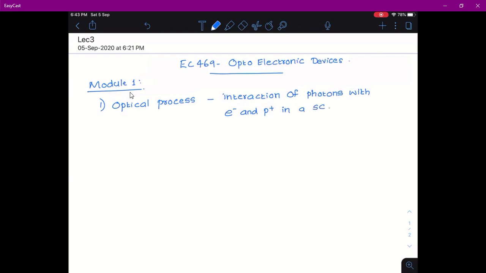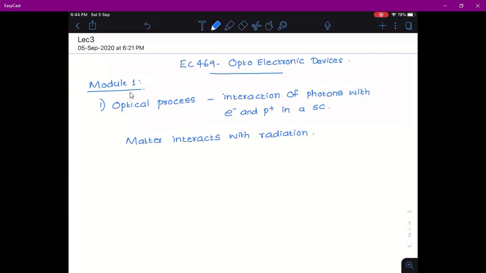Okay. So, matter, which is any material, interacts with radiation. Now, the radiation that I mentioned here is actually a light radiation.